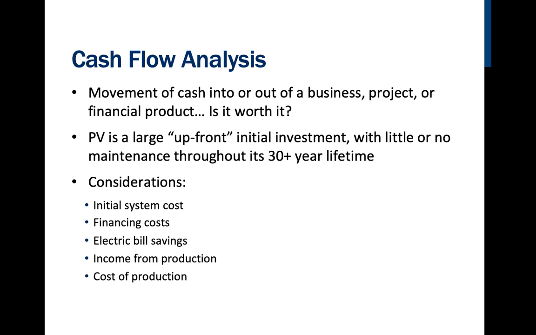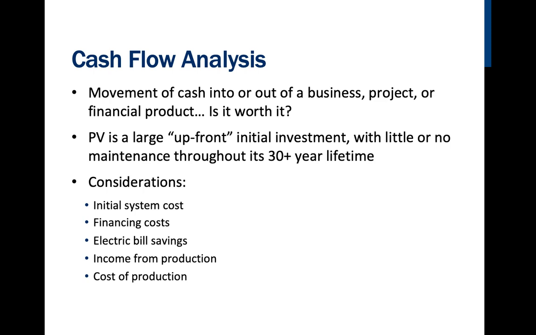And it could be as little as 5 years if it's a commercial system. All commercial systems are paid off in 5 years. If it's a residential system, maybe it's going to be 5, 10, 12, 15 years. But at some point, this PV system is going to be paying for itself and more. It's going to be cash positive.